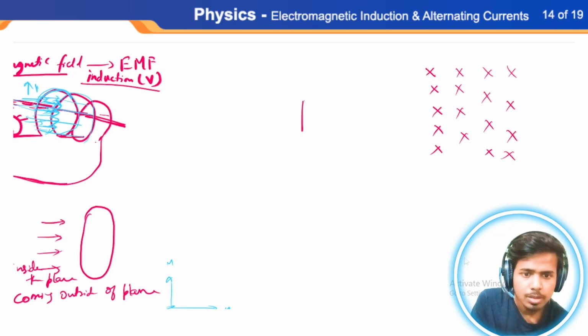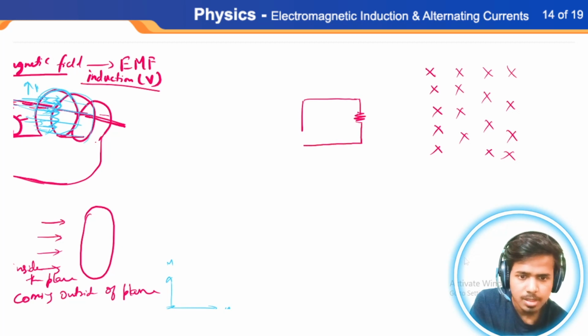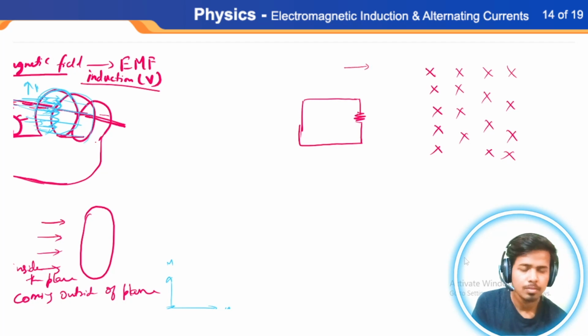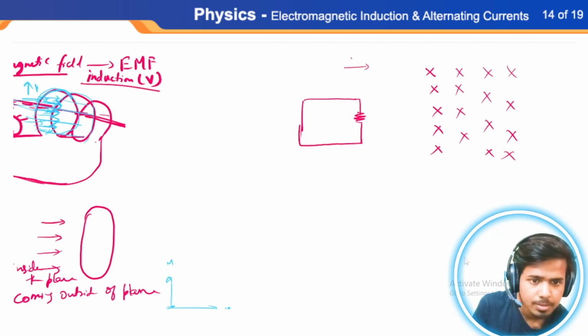Now, let's connect the resistance over here, and this is a loop which is passing through this in this direction with the velocity v.